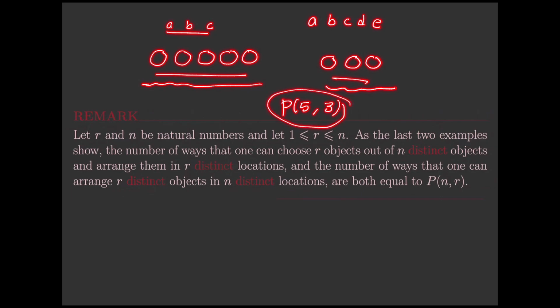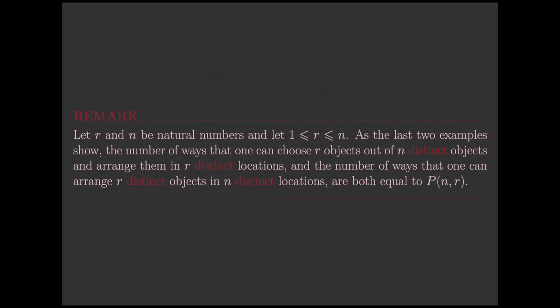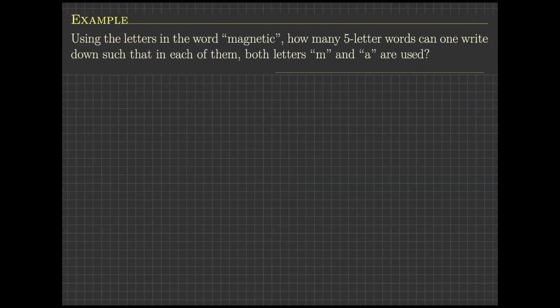So the answer to both of these situations is the same. I want you to have this in the back of your head when you solve problems. Is that clear? Because the next example relies on your understanding of this remark. Okay, so let us go to this problem.